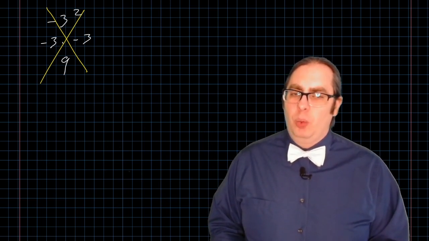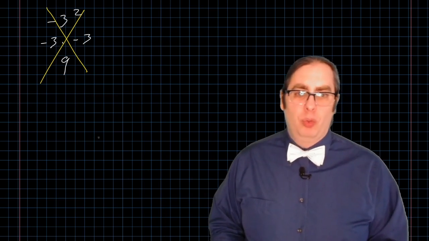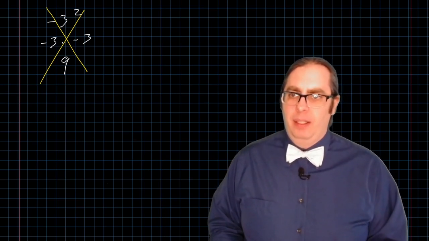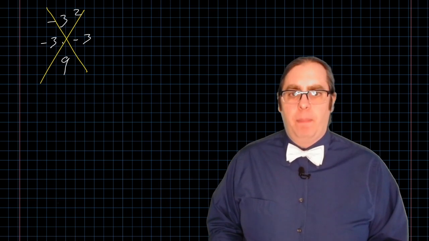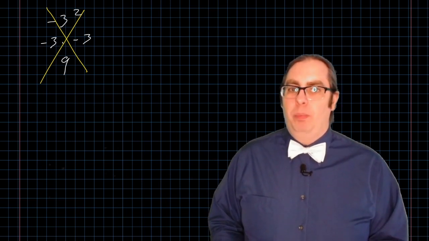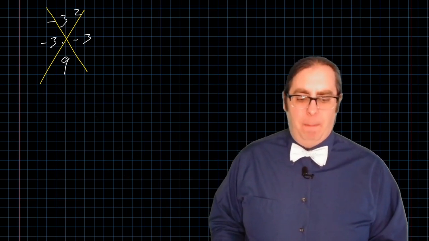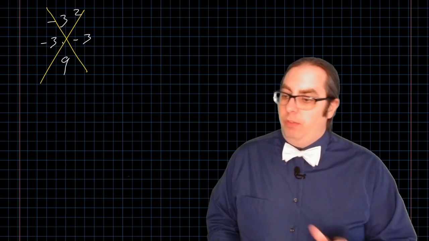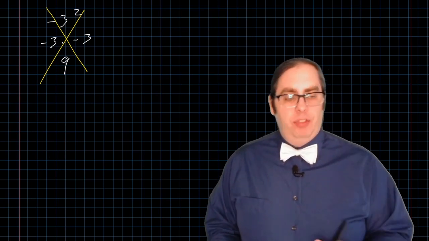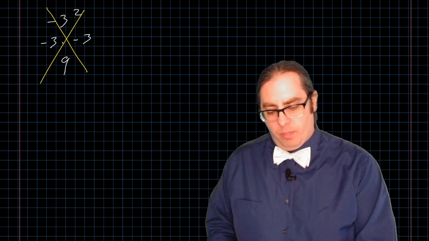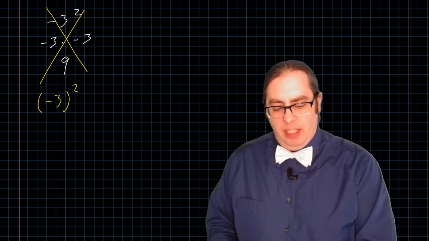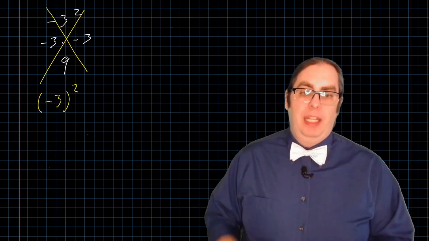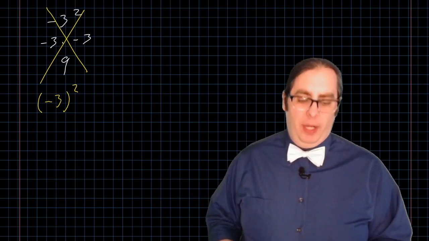I'm going to show you how these two schools of thought come into play, how it should be done, and why you might make a mistake with it anyway. So, if you want what I just did, what we're looking at is -3 in parentheses squared.